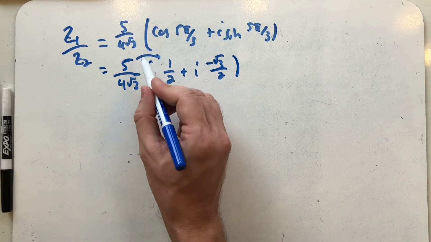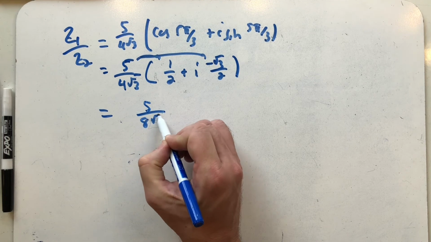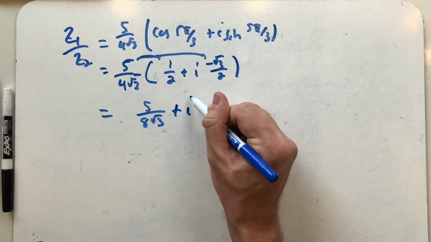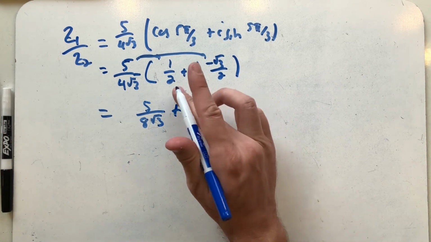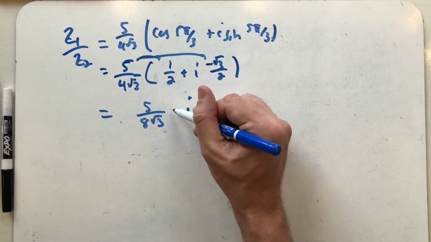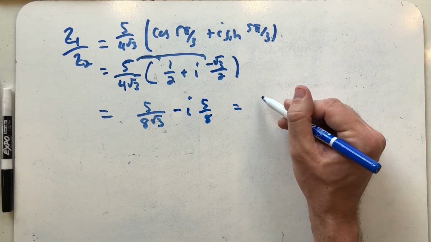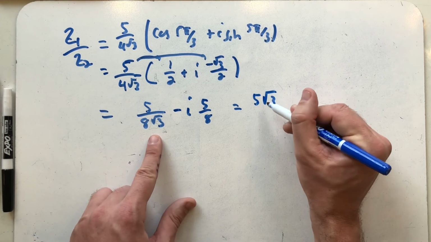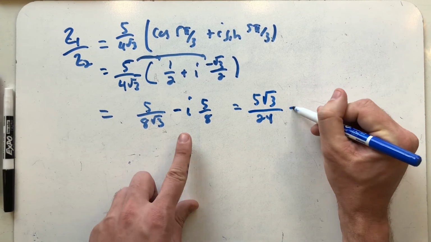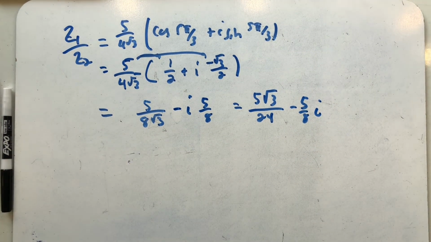All right, I have a little thinking to do here as I distribute. Here I will get 5 over 8 root 3 plus i, and my root 3's actually cancel here, and I would just get a negative 5/8. All right, and some people might want me to rationalize my denominator on this first one, so that'd be 5 root 3 over 24 minus 5/8 i, though I think that is just as good of a final answer. But that's it for now.